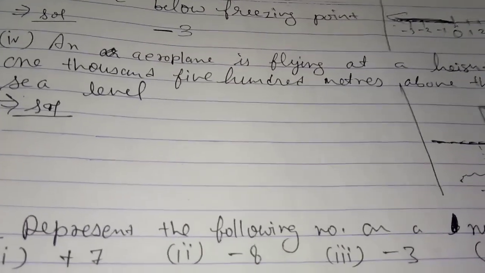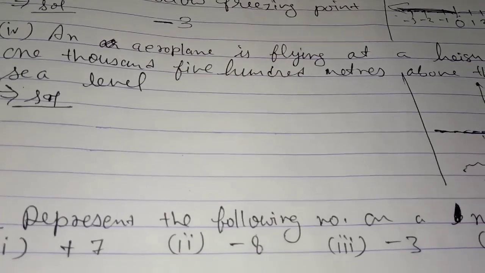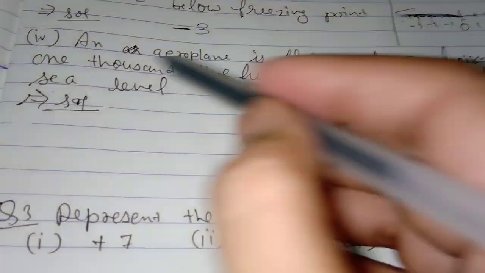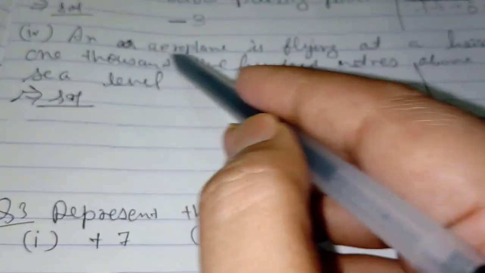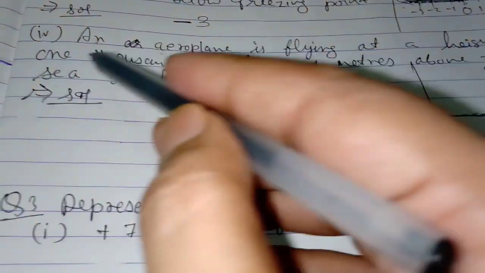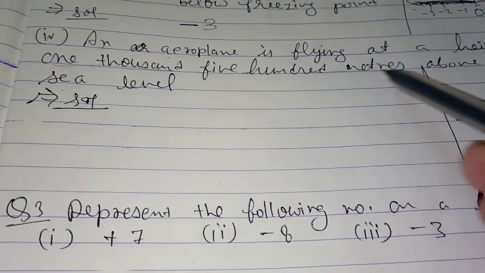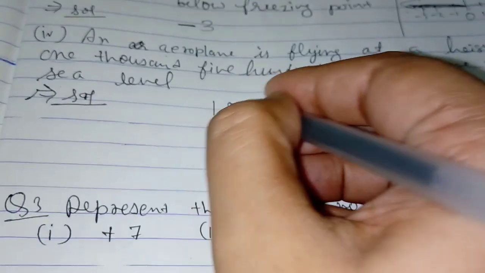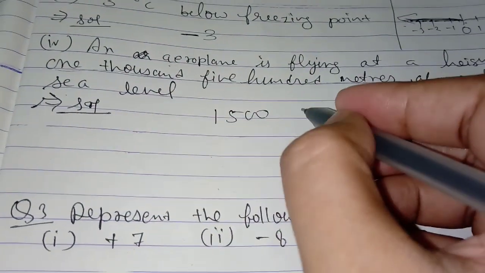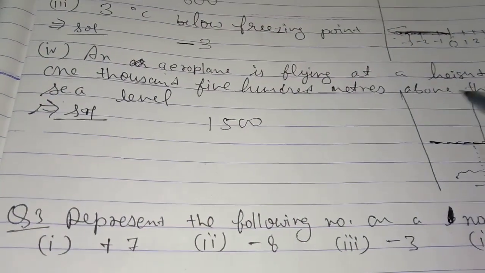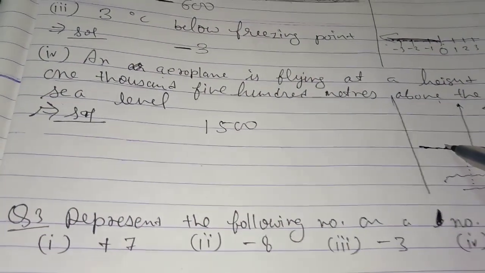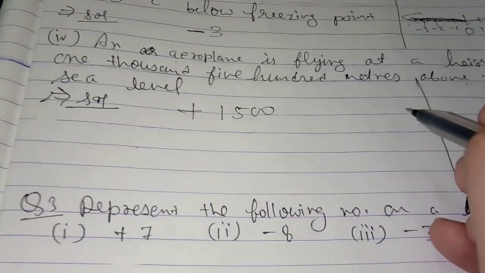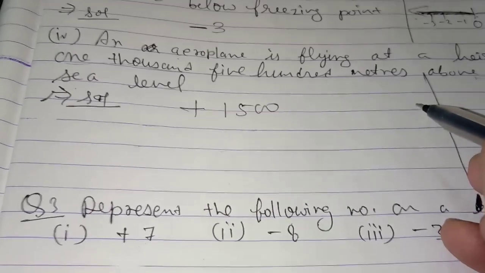Upside, planes are flying above the ground. So reading the question again, an aeroplane is flying at a height of 1500 meters. What is the number? 1500 meters. And this is above the ground, so our number is positive, so we have to use a positive symbol. I hope students this is clear for you.